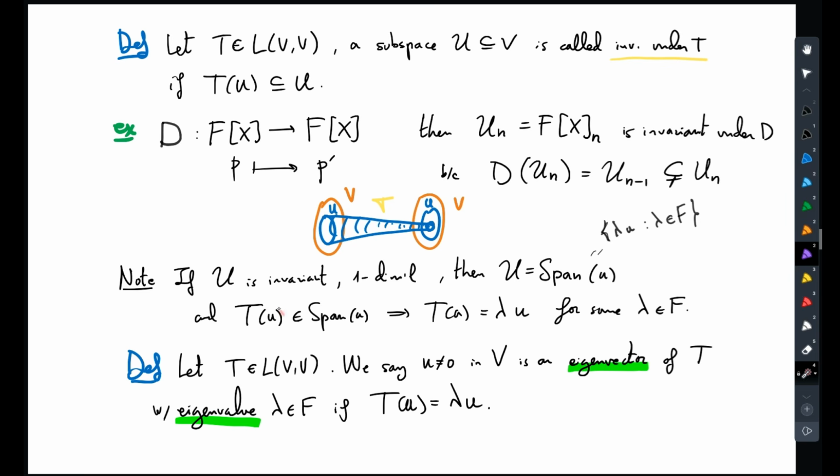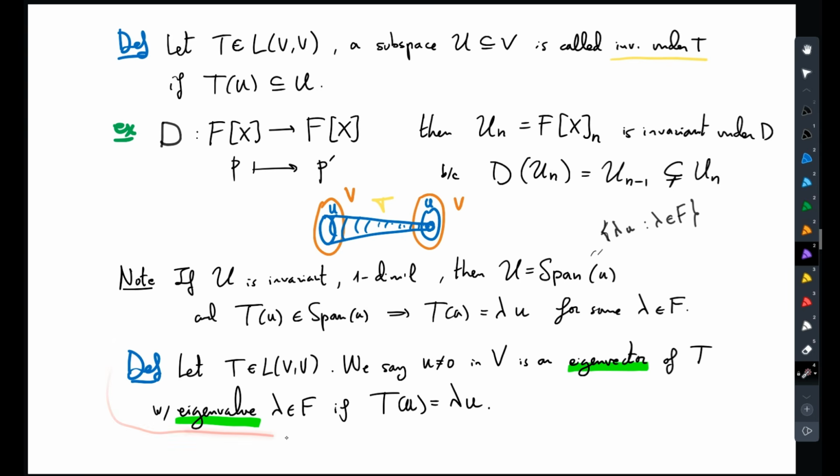Now, because we are assuming that U is invariant under T, T of u has to be one of these. T of u has to be some multiple lambda u for some lambda in F. In that case, we call u an eigenvector, and lambda an eigenvalue.